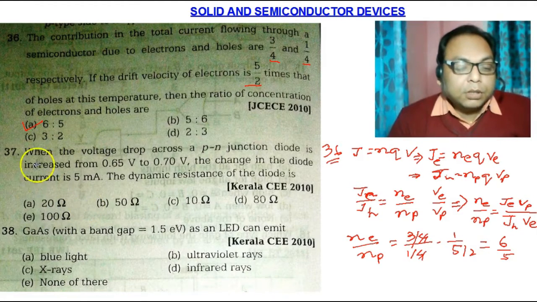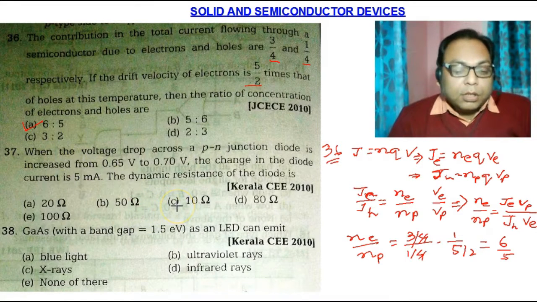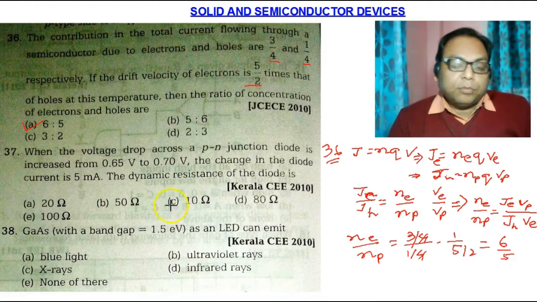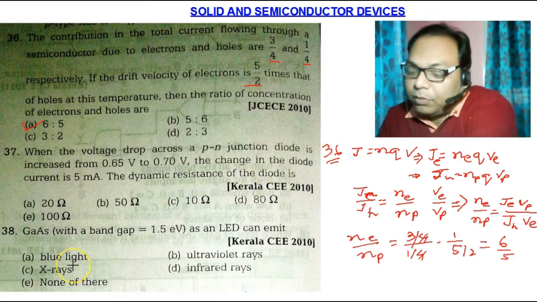Let's see question number 37. When the voltage drop across the PN junction diode is increased from 0.65 volt to 0.75 volt, the change in the diode current is 5 milliampere. So the dynamic resistance of the diode is, obviously, what is the formula?